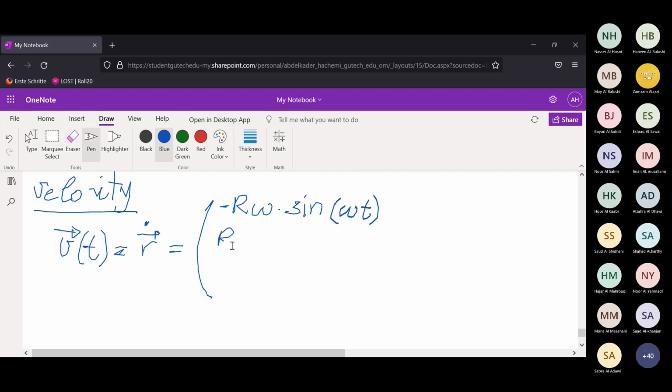The second component along y is r omega cosine omega t. And we have h over 2 pi times omega.